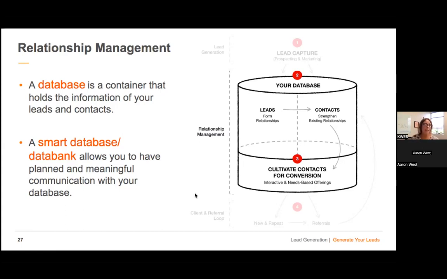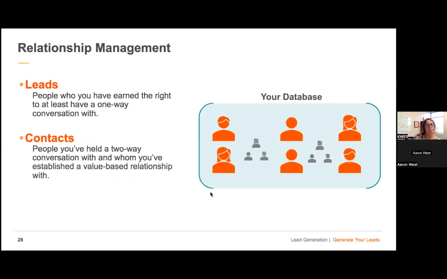So what are some examples of leads that you can think of? What would a lead be for you? Are you talking outside of our SOI?